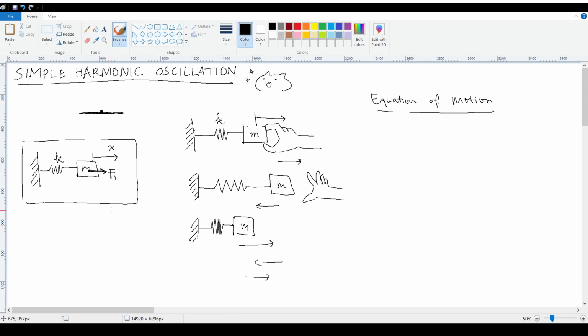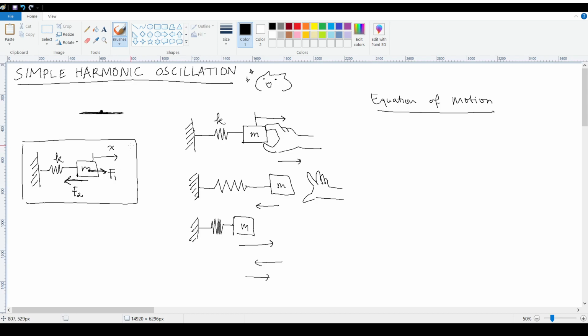Let's say force 1, F1. But when it has a displacement x, the spring is stretched and it wants to get back to the initial condition. We can say that the spring has a restoring force in this direction, and it is called F2.